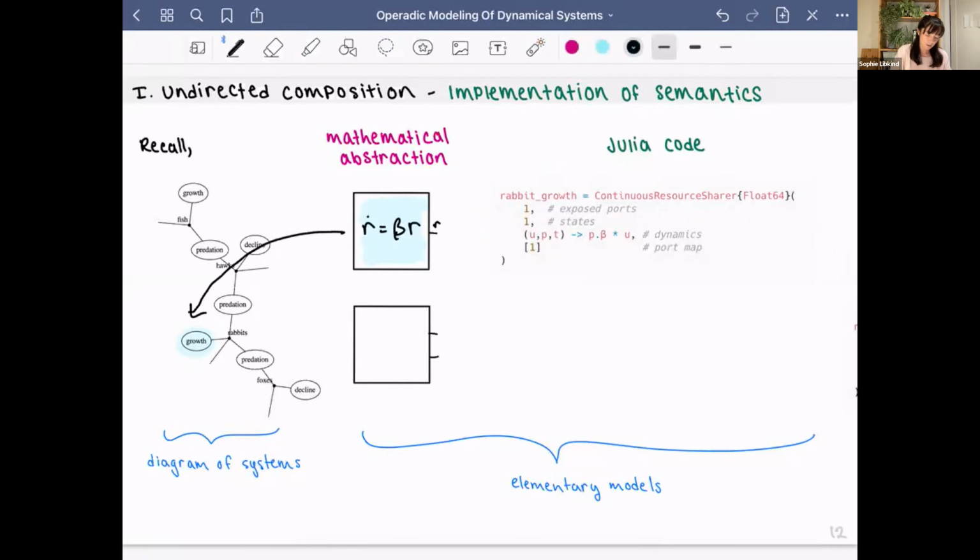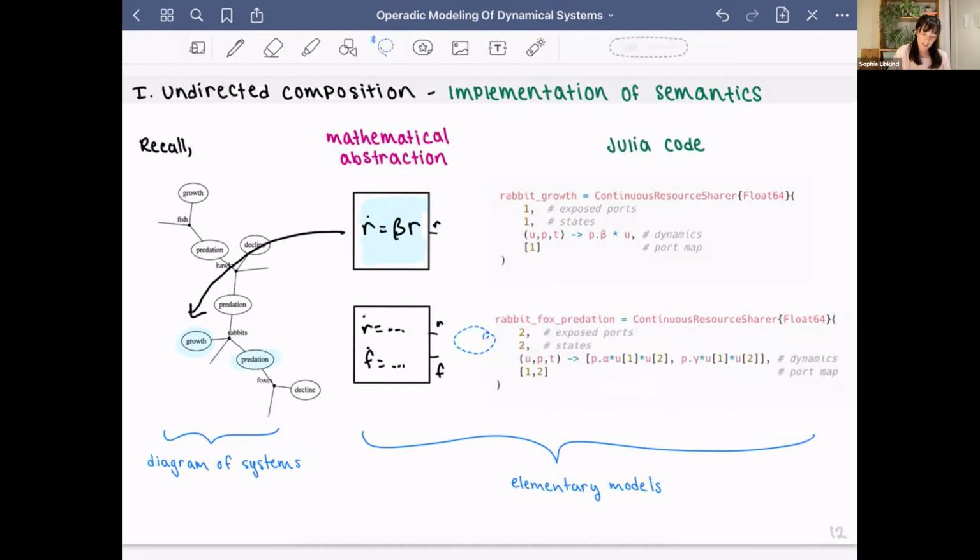And similarly for this predation box, we have some states, some dynamics. We expose some of the states, and to give the code for that, we define a continuous resource share with 2 exposed ports, 2 states, some dynamics, and this port map. So these are our elementary models.